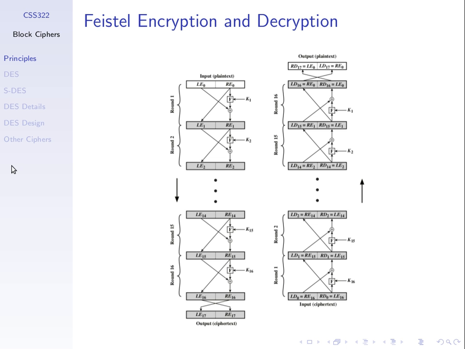It's not so easy to see up here, but the general approach is that we have some input plain text of n bits, and we separate it into two halves, the left and the right half. That's shown here. For the input plaintext, we have the left bits and the right bits. We take the rightmost bits and we apply some function on that using a key.